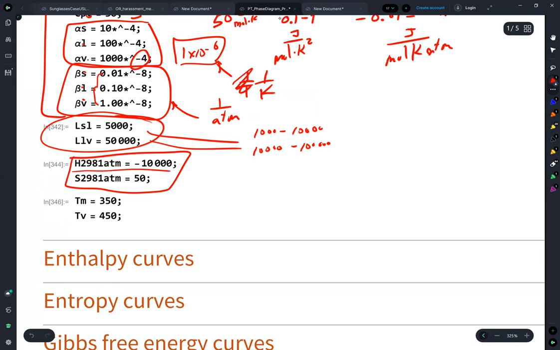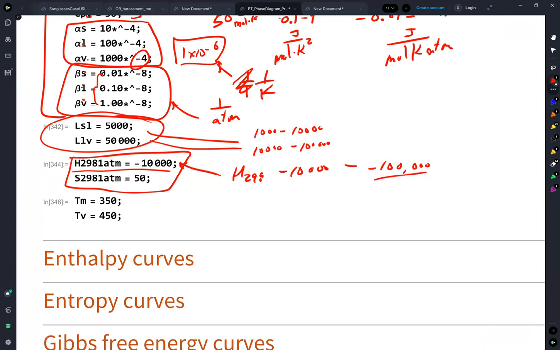And then your enthalpy and entropies of formation of a liquid. I picked this a little bit on the small side. The H at 298 typically ranges from minus 10,000 to minus, well, it can go up to 1,000,000, but I would say really around 100,000. So I picked a little on the small side, and again, it's because I was trying to see if I could force these curves to interact more.